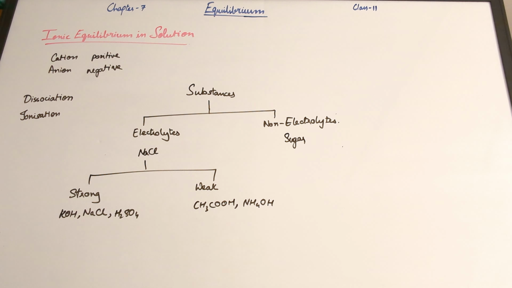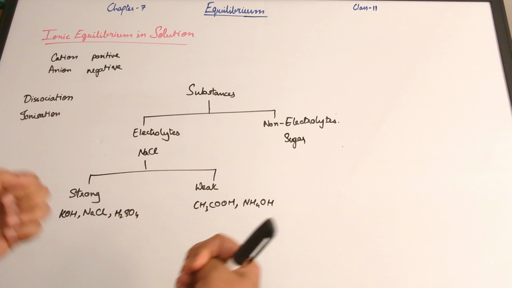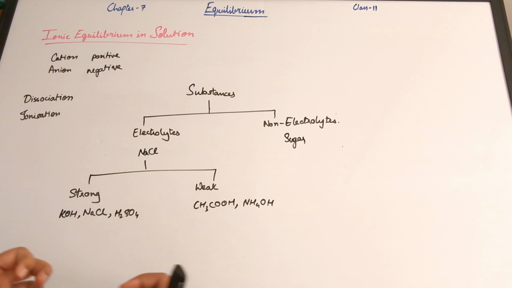In the case of dissociation, the example is sodium chloride. In sodium chloride, the ions are present as is in the solid state, and when they dissolve in the solution, these ions are going to dissociate. So they're getting split.